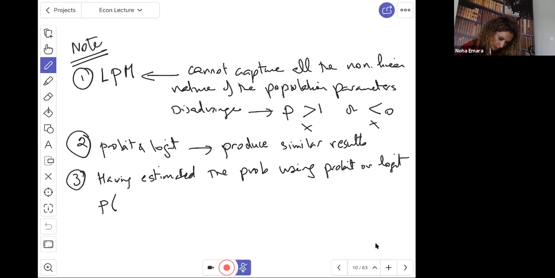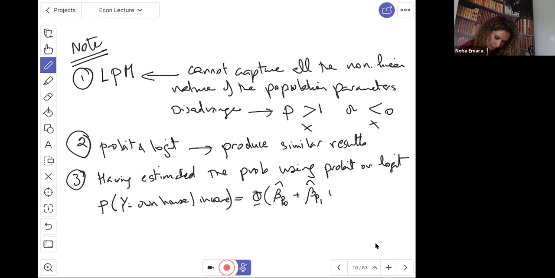So the probability, let's say y equal to 1, or own a house, given the income. And in the probit, this would be like, let's call it P for probit, beta hat P node, plus beta hat P for probit, 1 for the beta income. Okay, and this is the probit.